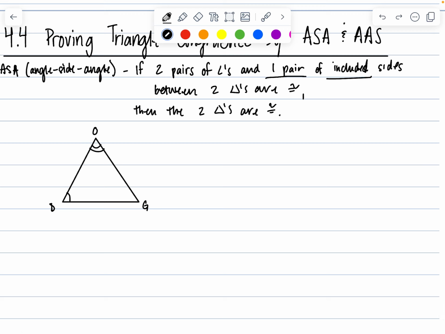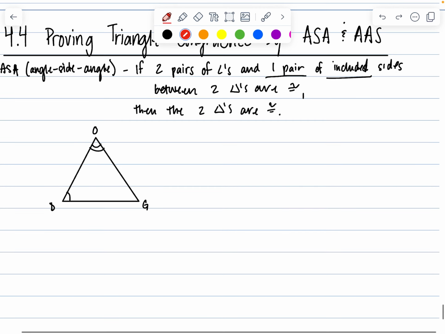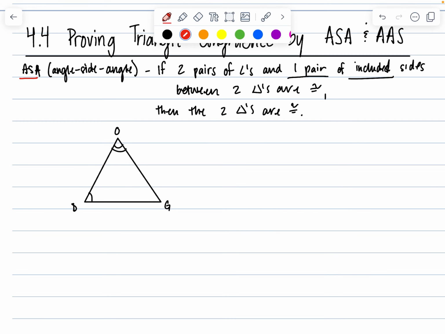Then the one side needs to be the included side, meaning it has to be sandwiched, just like how it is here in the name. The S is sandwiched between the two angles, and that only occurs in one place, segment DO. Okay, if it was anywhere else, it is not technically sandwiched between two angles because that third angle, the actual angle, is on the other side. So DO has to be the included side in this particular diagram.